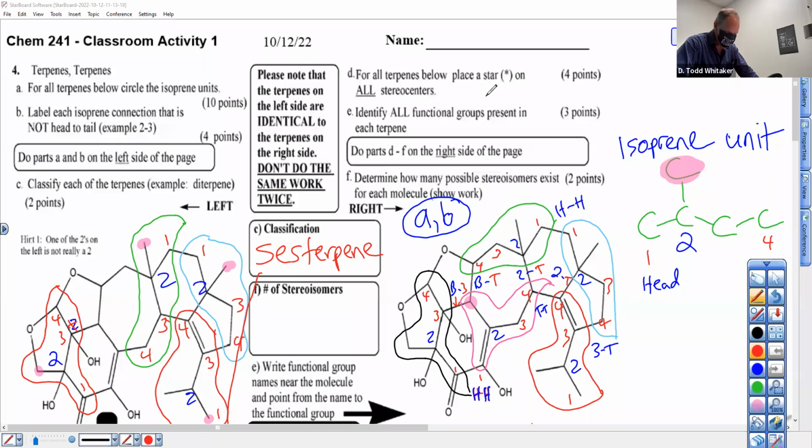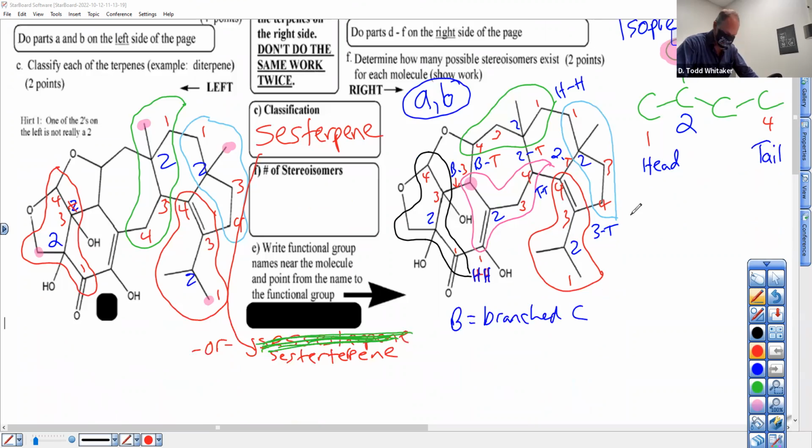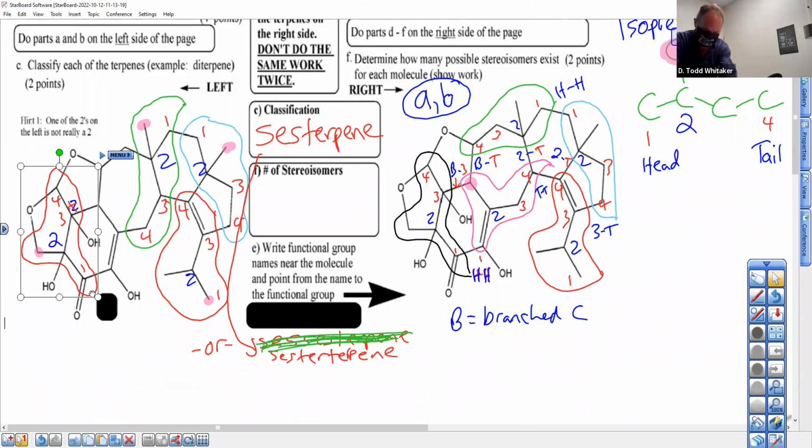And we're going to do stop and back to it. We're going to put asterisks on the stereo centers. We're supposed to do it down here, but there's a lot of stuff there. We're going to do it over here. I can clear out a little room, I think.